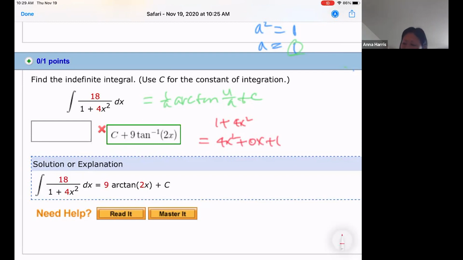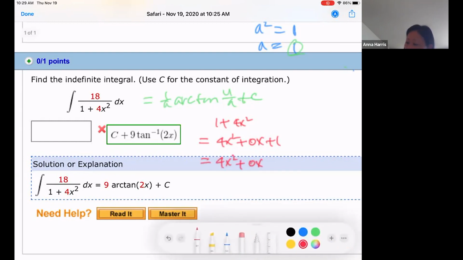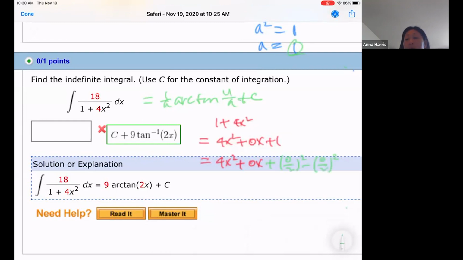If I rewrite this problem the way I usually complete the square, I do 4x squared plus 0x, then add and subtract 0 over 2 squared, minus 0 over 2 squared, and then add 1.